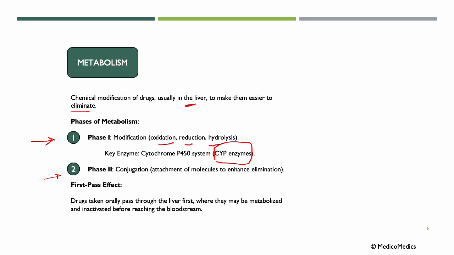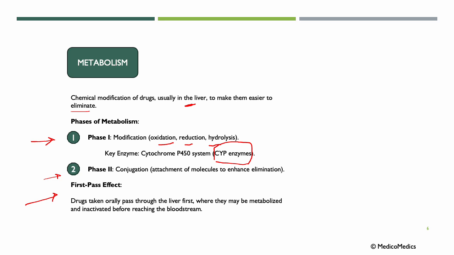Now, an important concept here is the first pass effect. So, drugs taken orally must pass through the liver before entering the bloodstream, and a significant portion may be inactivated during this first pass, leading to a reduction in its bioavailability.